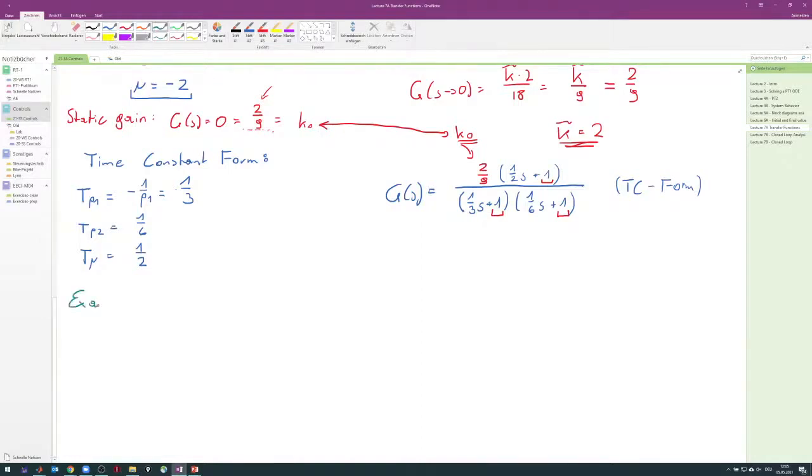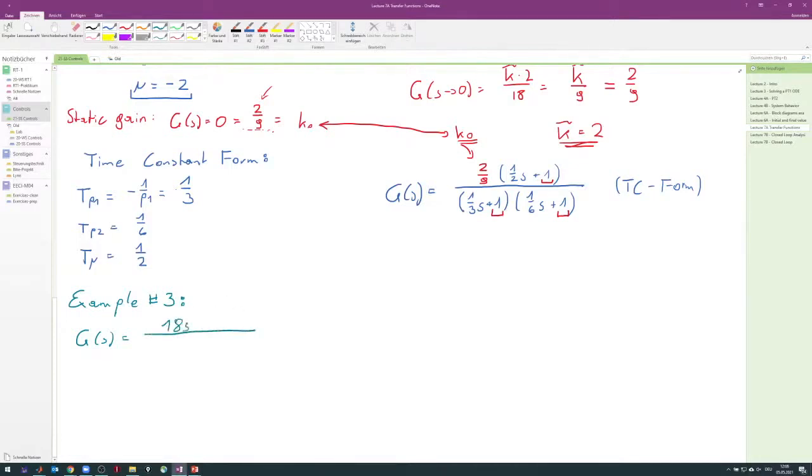For example, number 3. So far, actually, we only had real poles and zeros. So the next question is, what happens when we actually have conjugate complex poles and zeros, right?